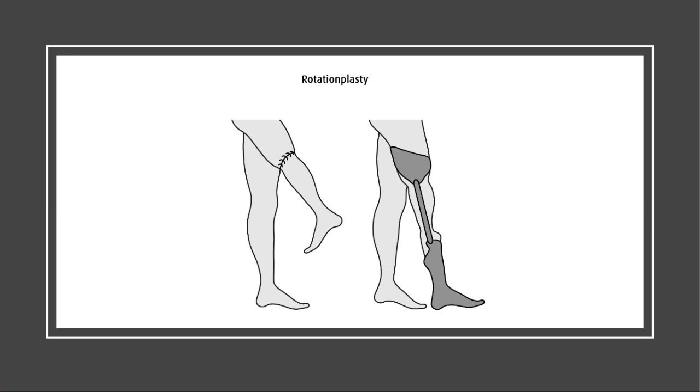Here's another interesting one for you. It's something called rotation plasty, right? Where you actually resect the area of tissue which is involved in tumor. You take the ankle or the leg, you reattach it to the thigh, and you turn the ankle backwards.